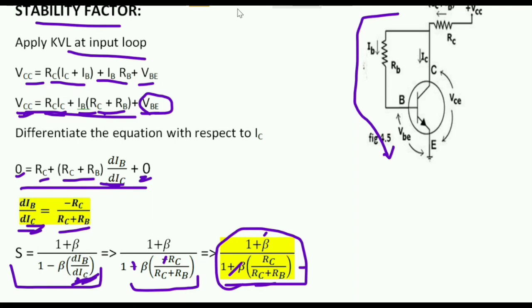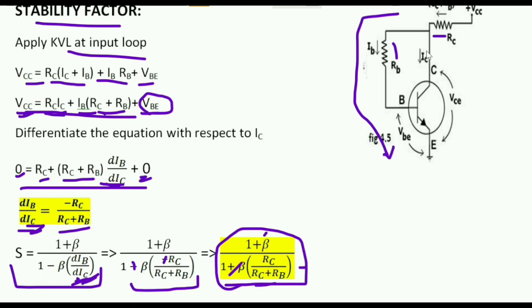Now let us see the merits and demerits of this collector to base biasing circuit. The advantages are, this is the same as the fixed biasing circuit, that is we are using only 2 resistors and very few components are required.